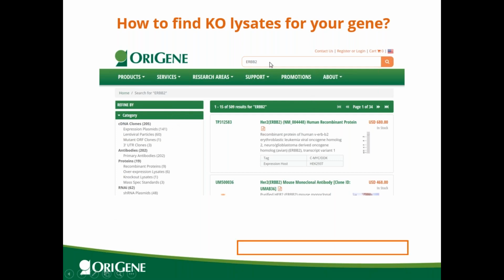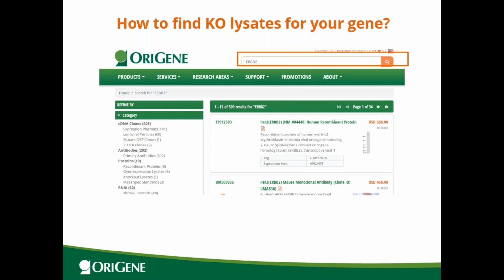For example, if you want to search for the ERBB2 knockout lysate, you put the ERBB2 gene name in the search box, and you find all the products for the ERBB2 gene. We have around 509 products for the human ERBB2 gene. That includes a lot of expression cDNA clones, antibodies, proteins, and small RNA products.